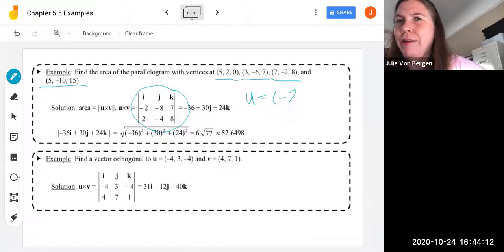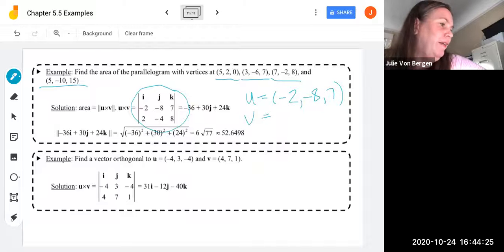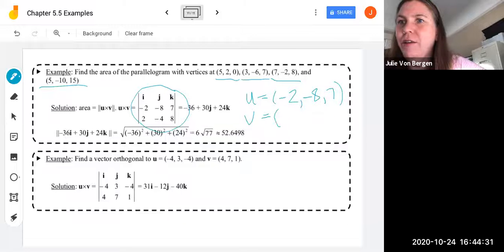So u here is (-2, -8, 7). So you could try to draw out this parallelogram in R3. I'm not very good at drawing in R3, so you're going to have to take my word for it to visualize that these are the adjacent sides. And then the other adjacent side is (2, -4, 8).